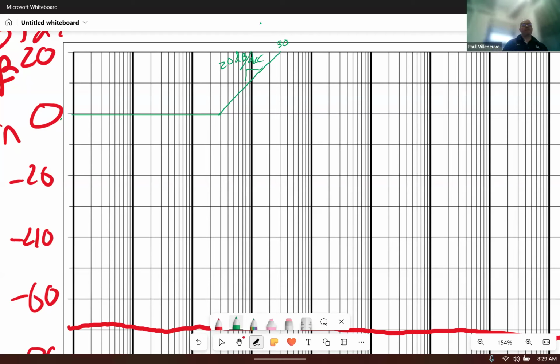Everybody see how I drew that? So I went up 1 decade, which from 3 means I got to go to 30. And then I plotted 1 decade or 20 dB above. That's how I got that number, or that plot style. Any further discussion required on that, or does that make sense?